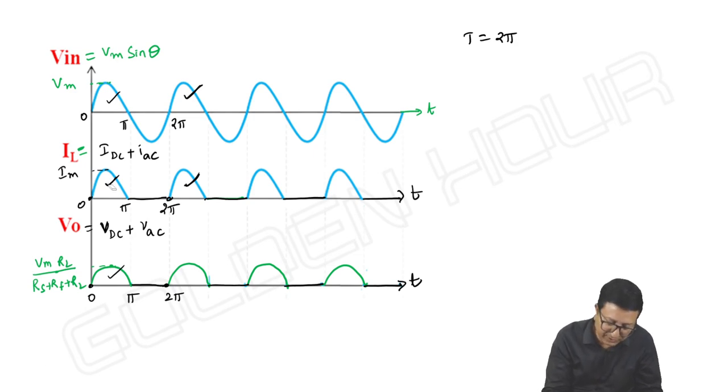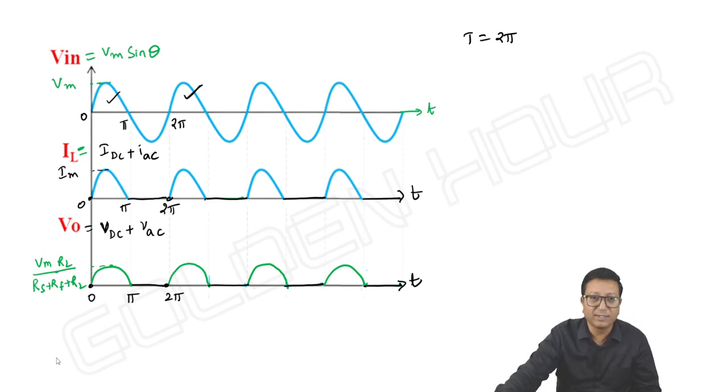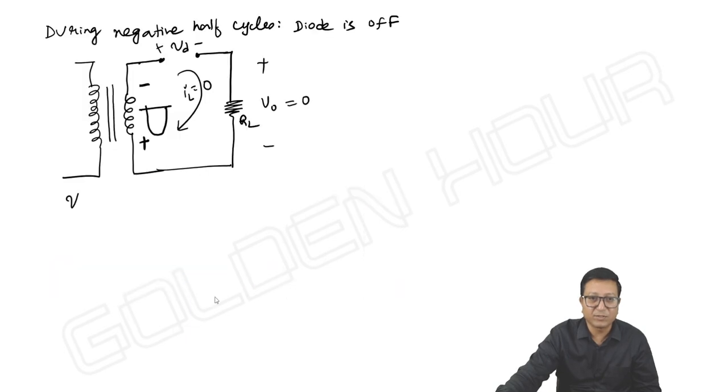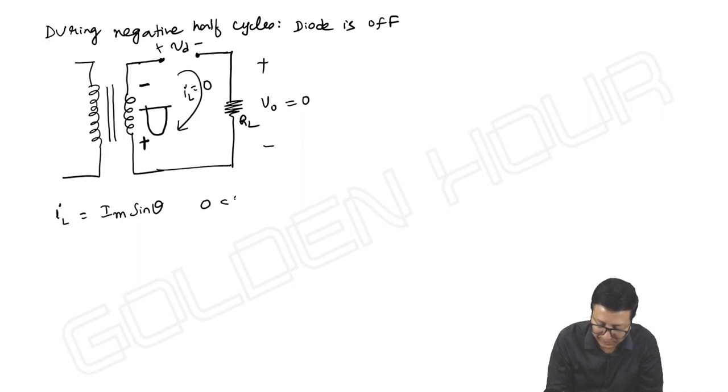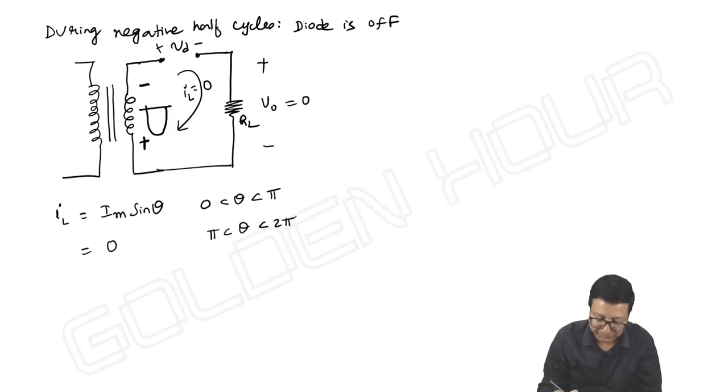So how do we find the DC component here? Let me take the definitions. During negative half cycles the diode is off, and hence V output as well as IL are 0. So I take the IL equation like this: IL is equal to Im sin theta over the interval 0 to pi, and 0 over the interval pi to 2 pi.